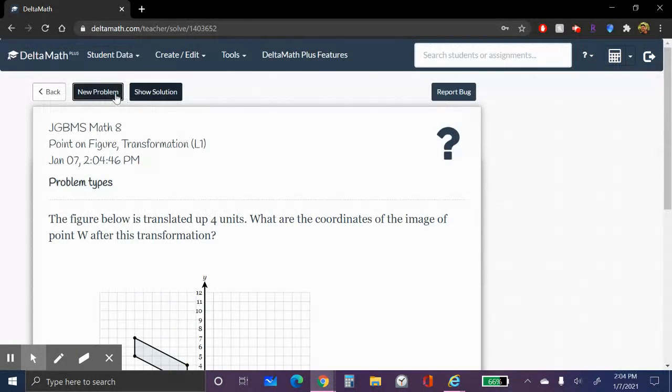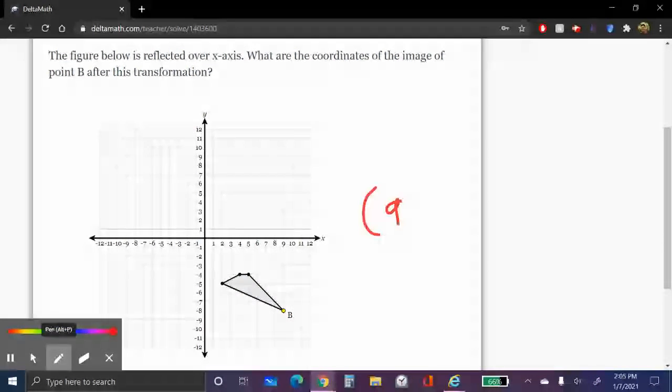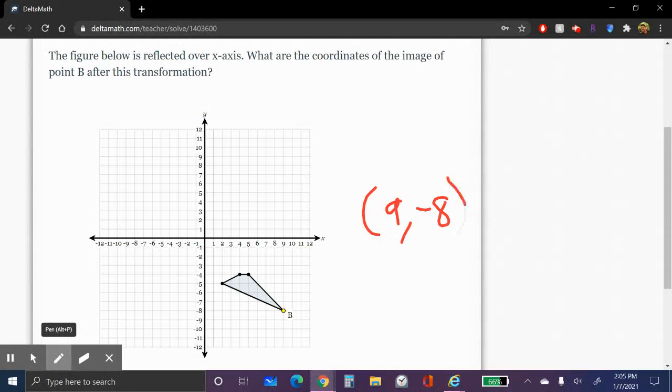Translated up. I don't want to do a translation. Reflection over the x-axis. All right, so B is going to be reflected over the x-axis. So B is 9, -8. So we have 9, -8. And when I reflect it over the x-axis, that means you're changing the y value.